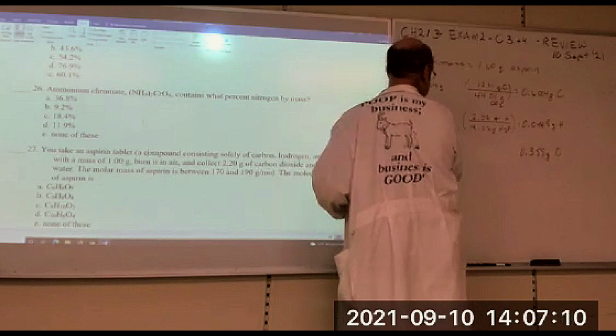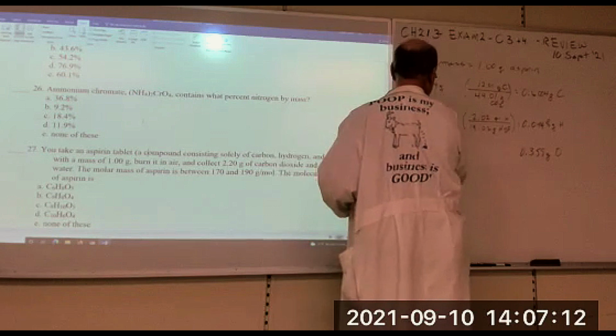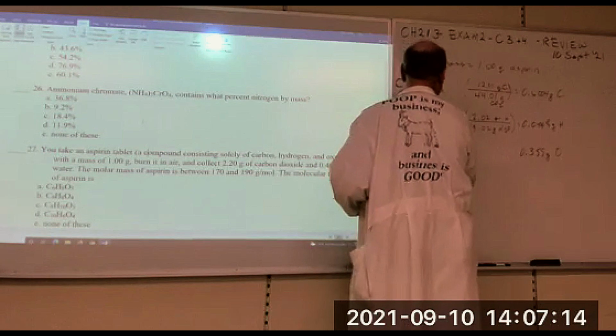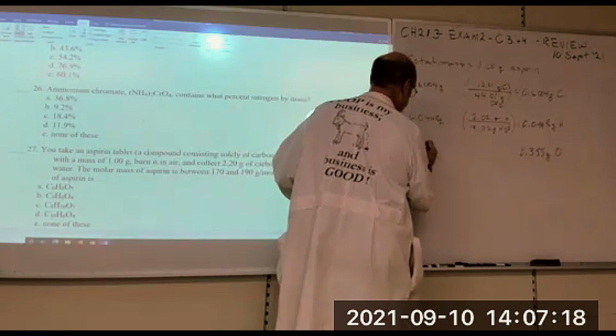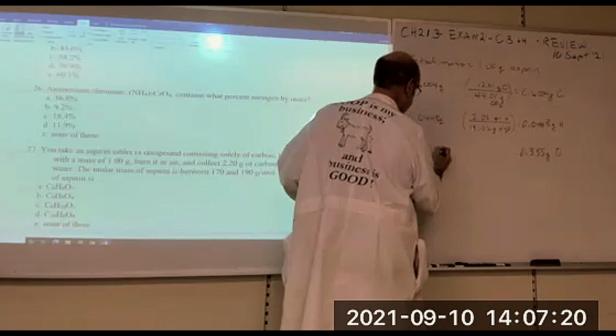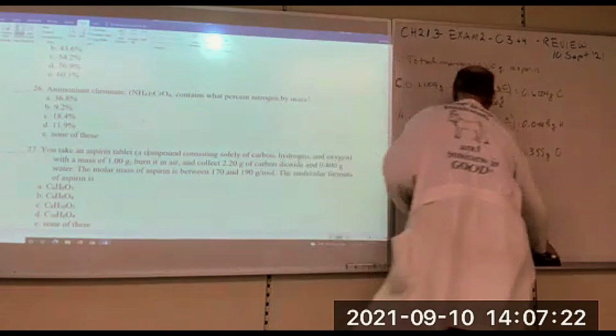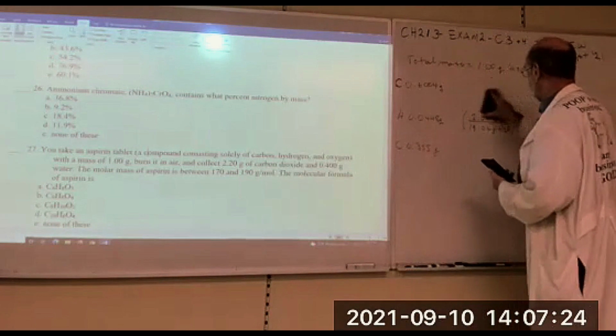And hydrogen is 0.0448 grams. And oxygen is 0.355 grams.